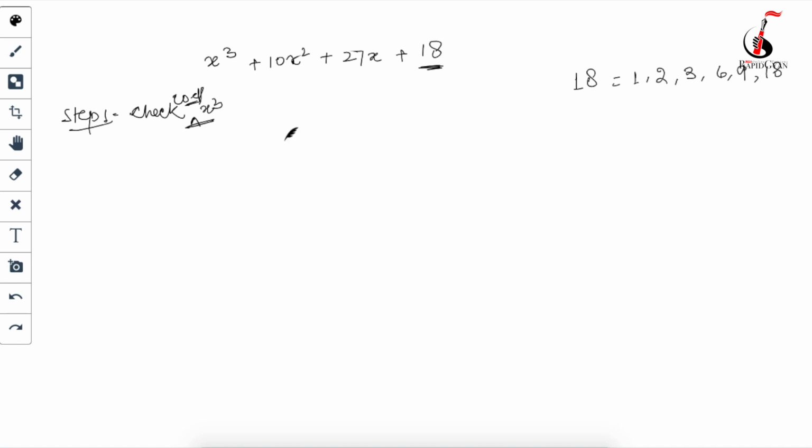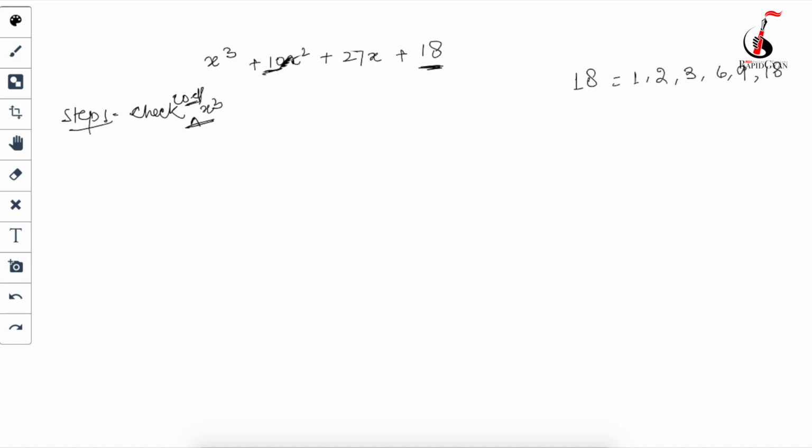Okay, so in this case the coefficient of x cube is 1. So you will have to find the factors of 18. Since we know that this cubic equation is of degree 3, it will have 3 roots. So out of these factors, you will have to find 3 numbers whose product is 18 and whose sum is 10.